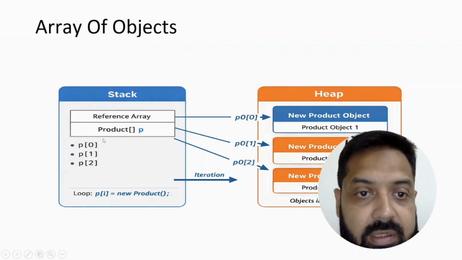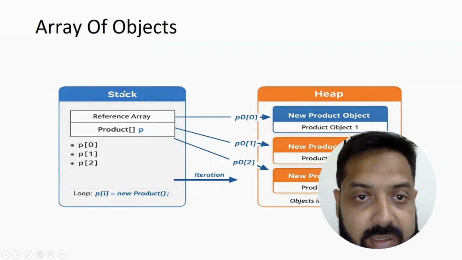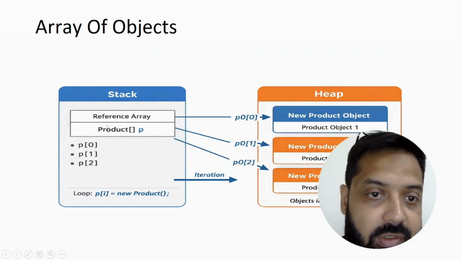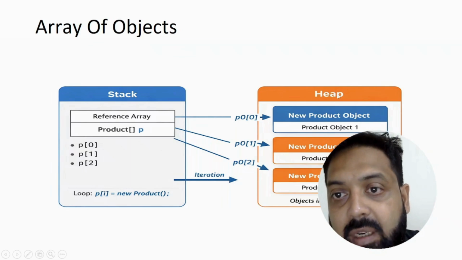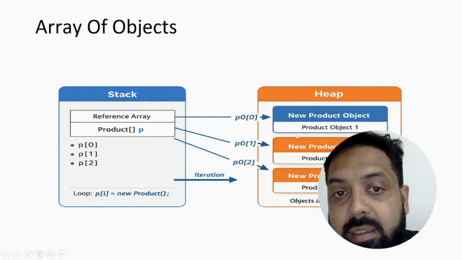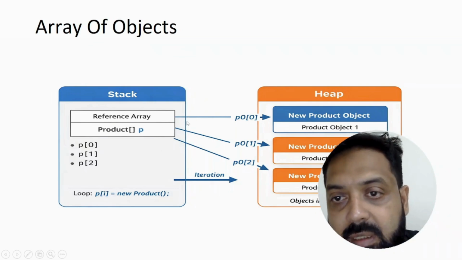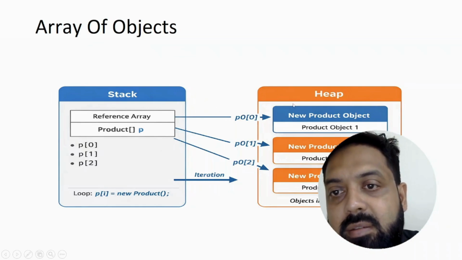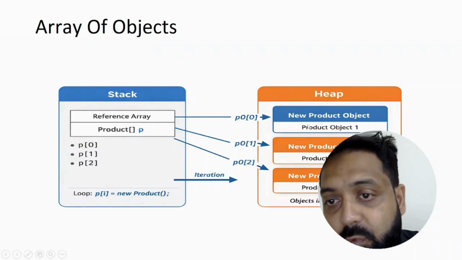In our case we have created 3 different products. On the left hand side memory will store the reference variables, and on the right hand side, which is the heap, our 3 different objects are created: new product object 1, new product object 2, and new product object 3. Product p0 contains the reference for product object 1.